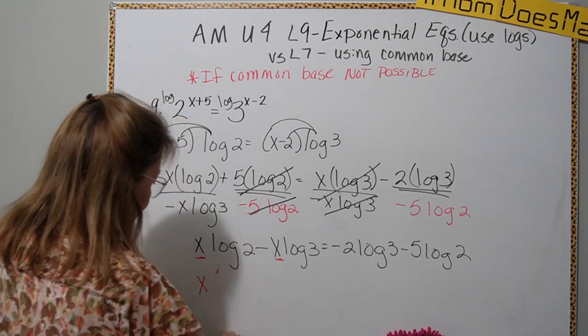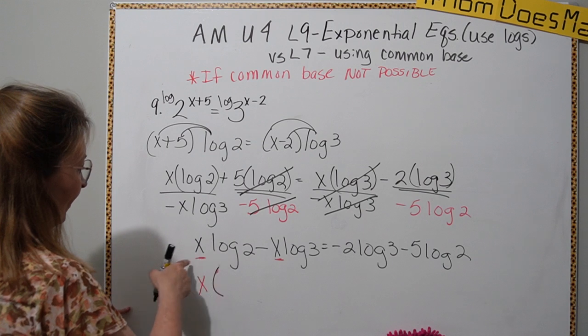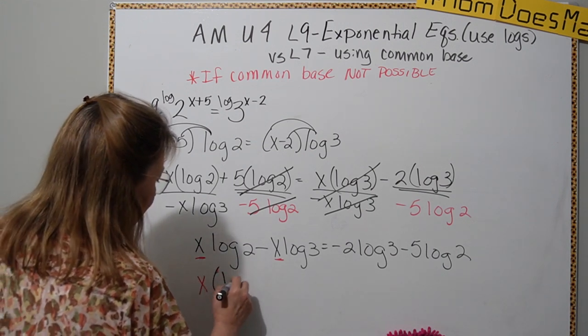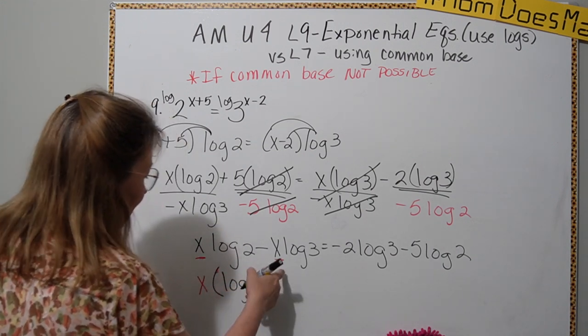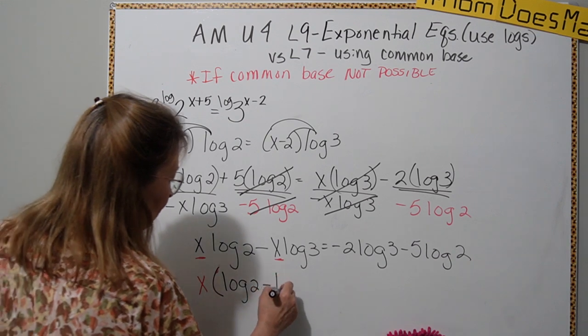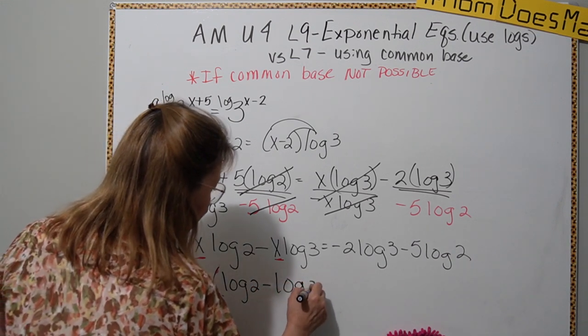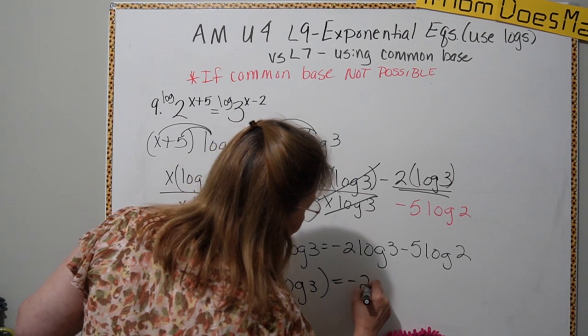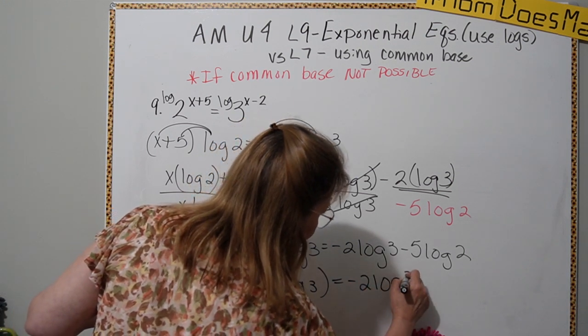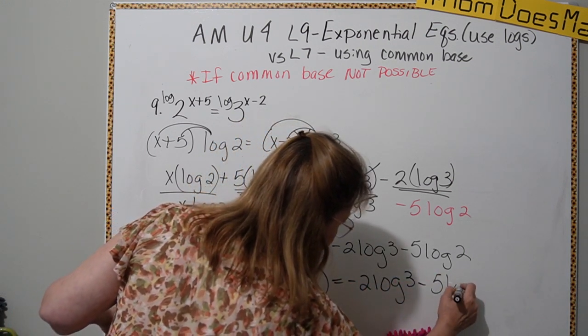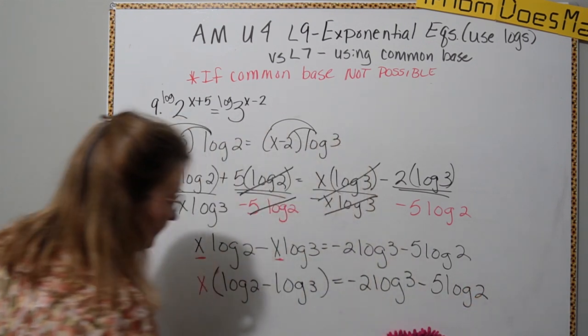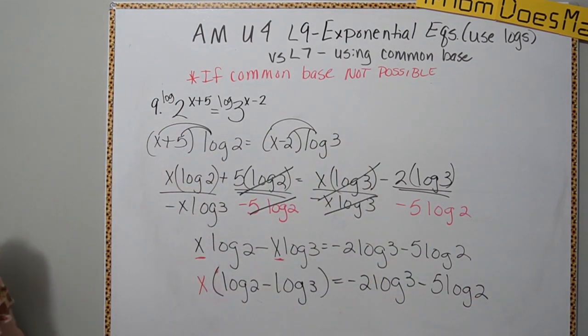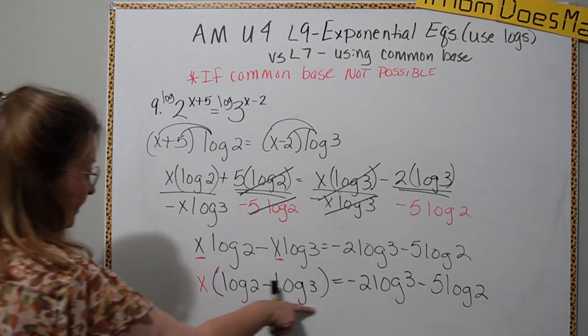Let me make that black. If I divide x out of here, what do I have? Log 2. And if I divide the x out of here, what do I have? Log 3. Okay? And it's all equal to all of this crazy stuff. Okay? All right, now here's my x. I need to get rid of this.